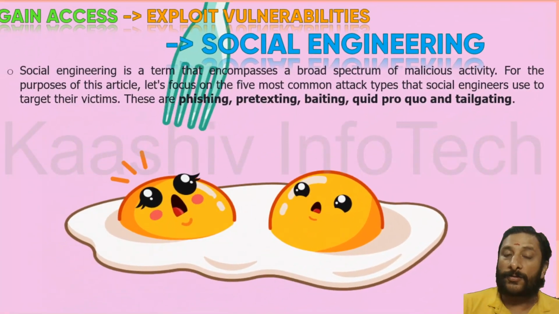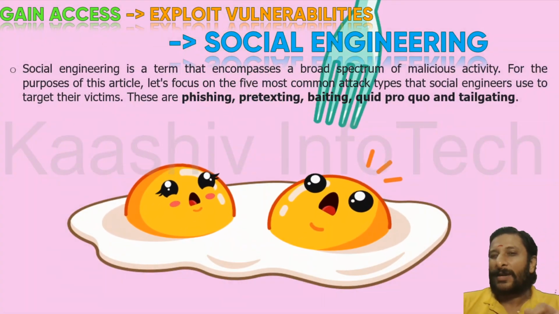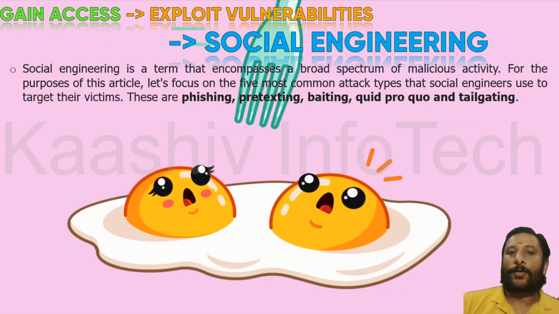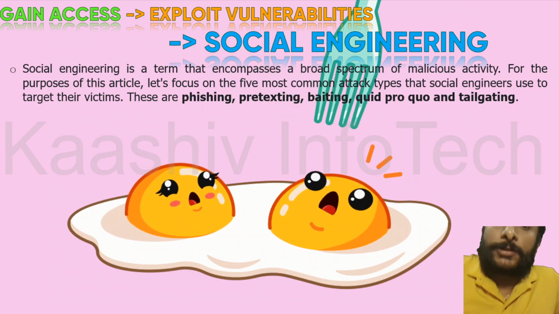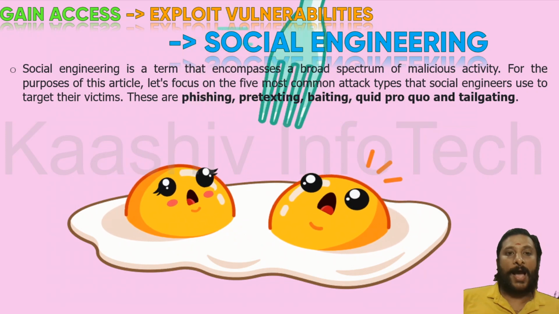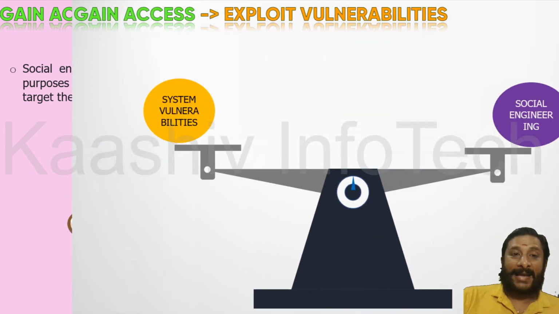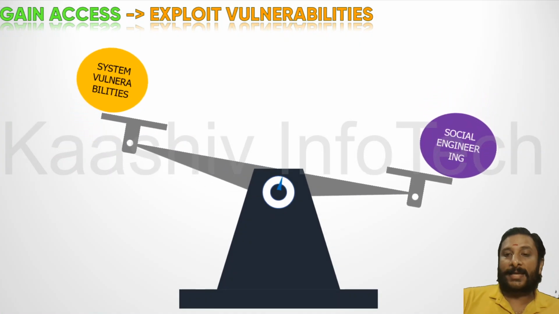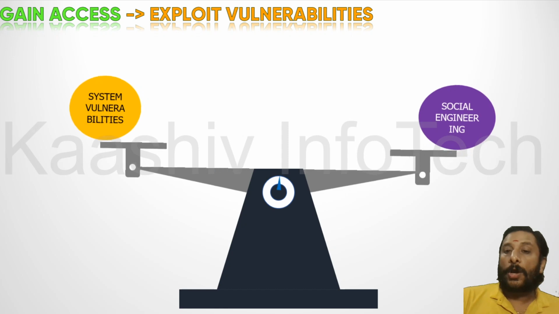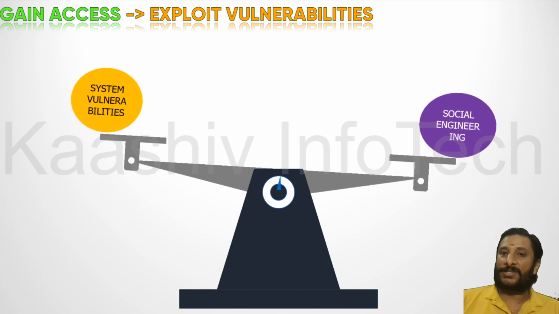Or it can be through social engineering, talking to them and grabbing information from them: phishing, pretexting, baiting, or something like that, to grab your password. As I told you, exploiting vulnerabilities can be done in two ways: system vulnerability or social engineering.